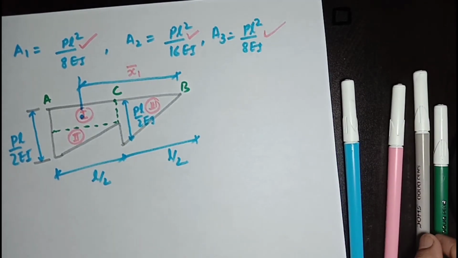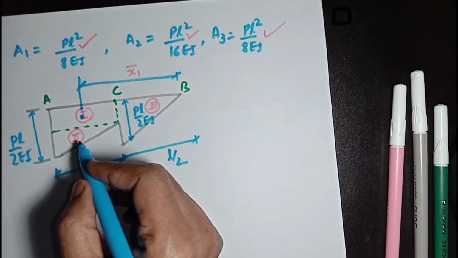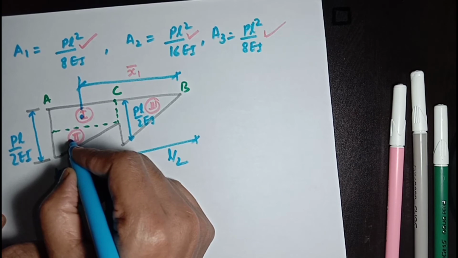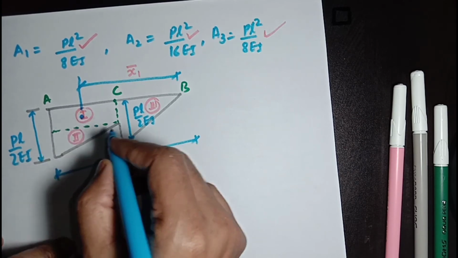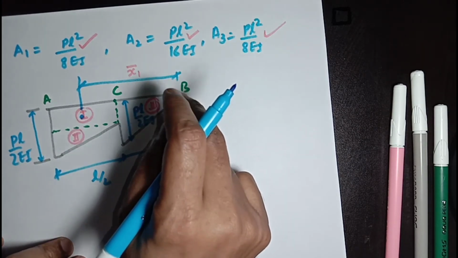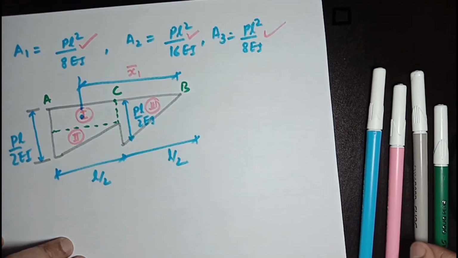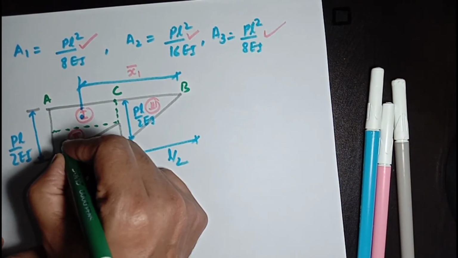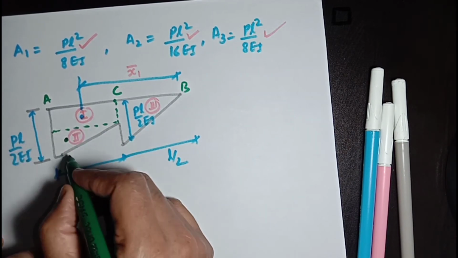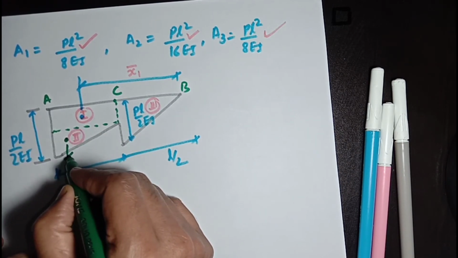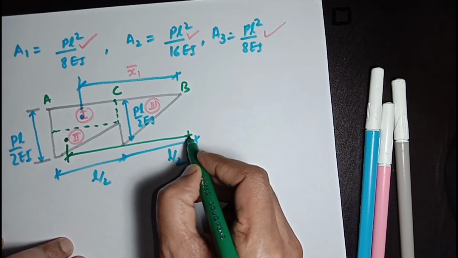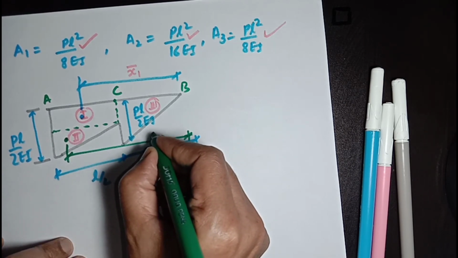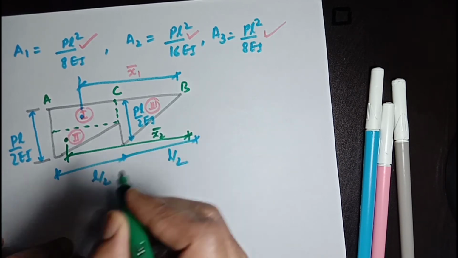And for region 2, the centroid of this triangle, because we are taking this from point B, will give a centroid with respect to point B of x2 bar.